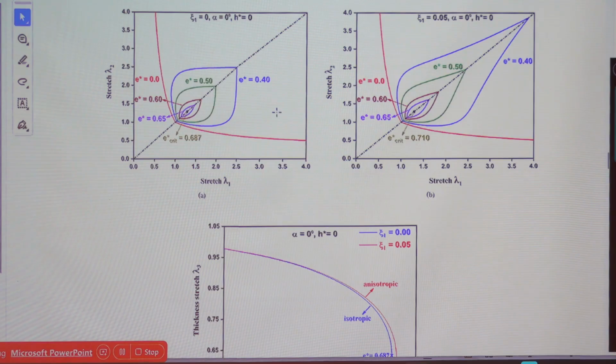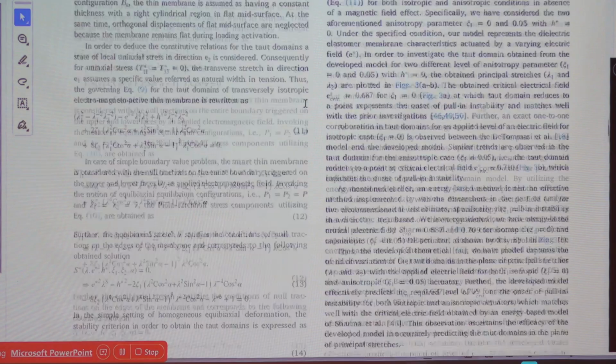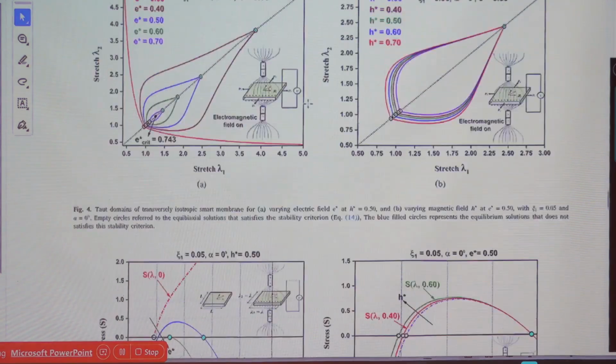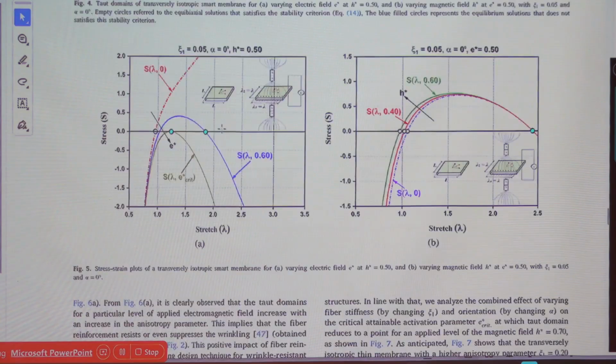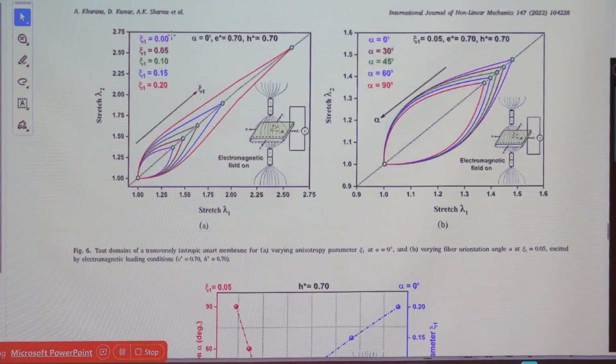So in this paper what we have done, after validation, we are trying to see the effect of the electric field on the anisotropic membrane. We incorporate the anisotropic effect for zero orientation and the effect of the magnetic field, with the variation of the magnetic field parallel, okay. And one good thing is you can see we change the strength of the reinforcement of the fiber.